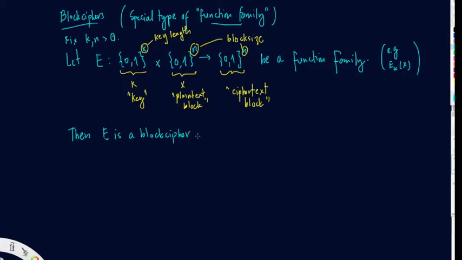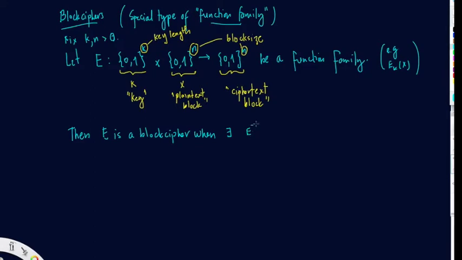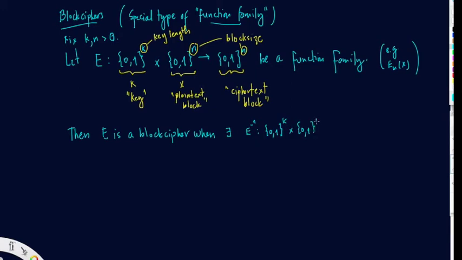E is a block cipher when there exists an inverse mapping. There exists an E inverse which again maps from k-bit strings across n-bit strings to n-bit strings.